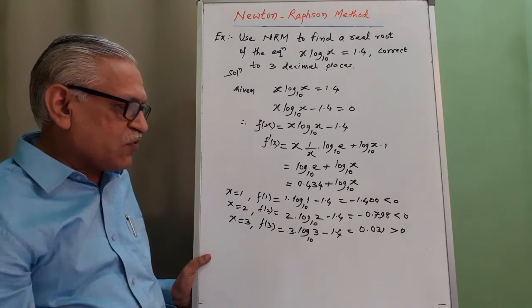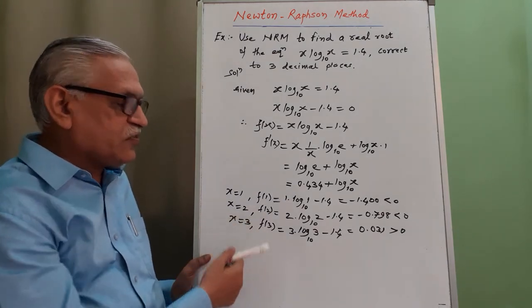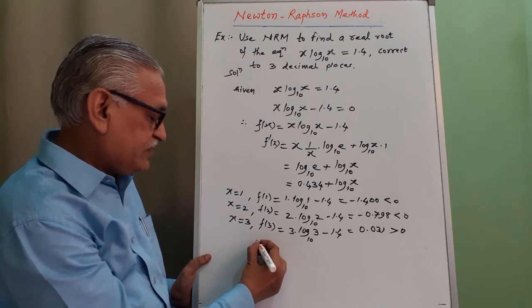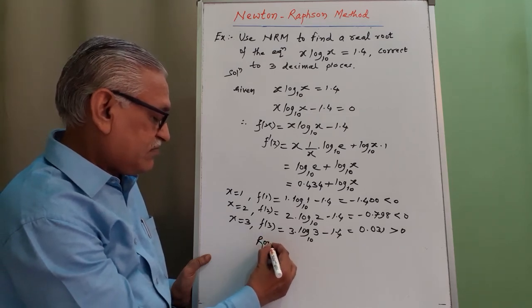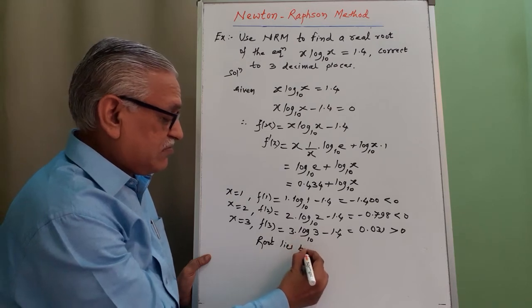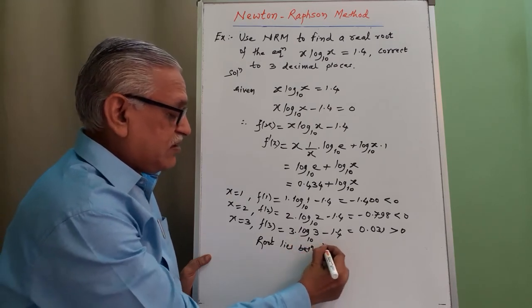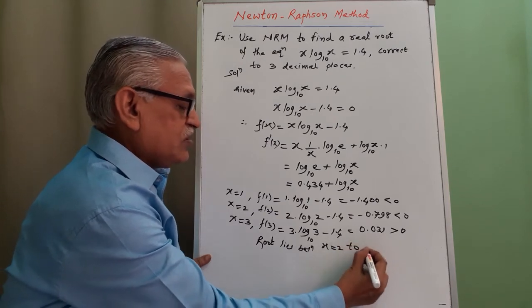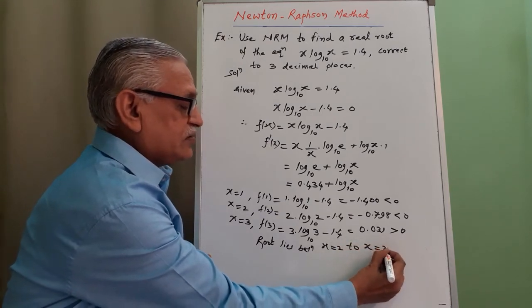Therefore, we consider the smallest interval, and that smallest interval is 2 to 3. So the root lies between x equals 2 and x equals 3.